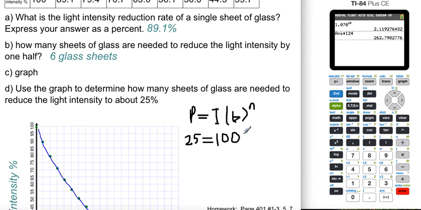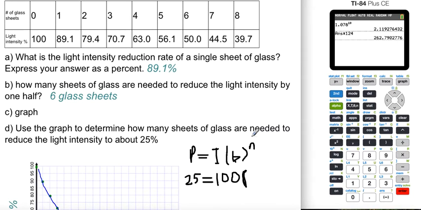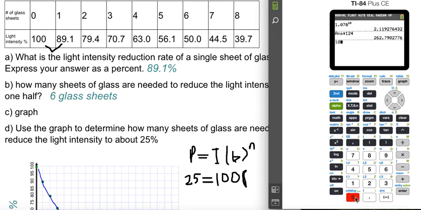This rate, we don't really know. Okay, so my rate is sort of unknown, but I can tell by looking at this that if I divide, remember using our ratios, if I go 100 divided by 89.1, oh, sorry, I did that backwards.